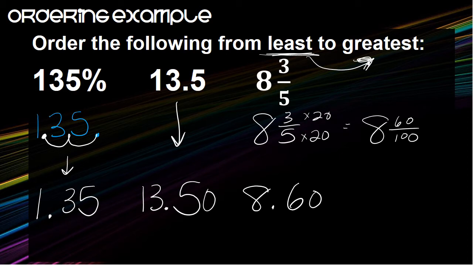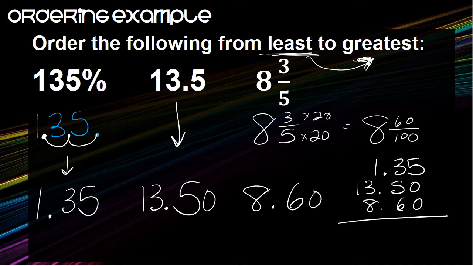So let's go ahead now and line up our decimals to compare them and order them. So I write 1 and 35/100ths, 13 and 50/100ths, and 8 and 60/100ths. Now let's see which one is our smallest.